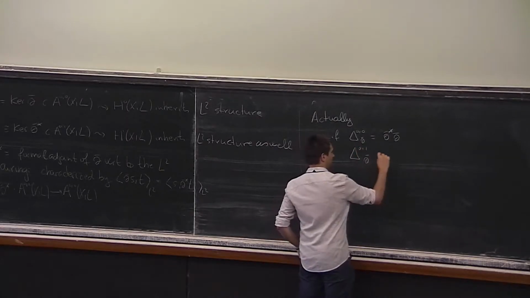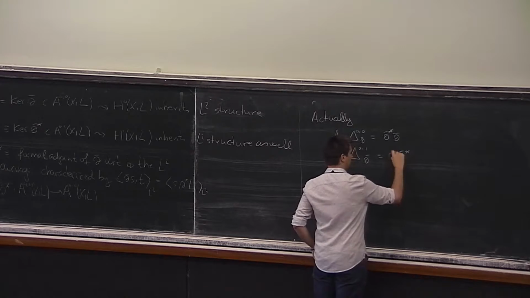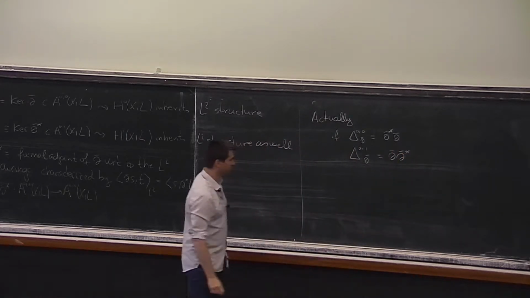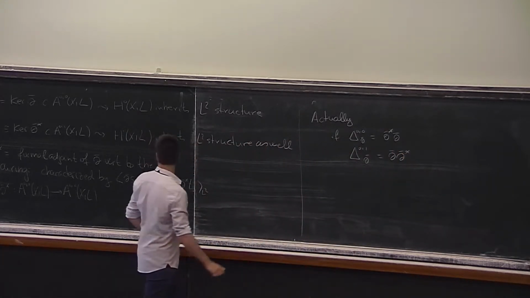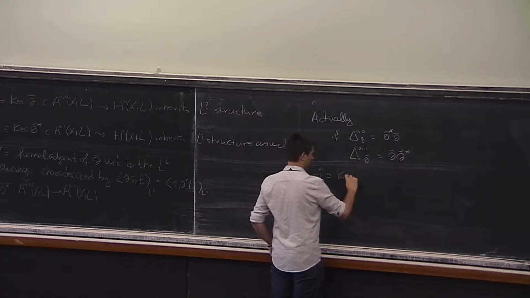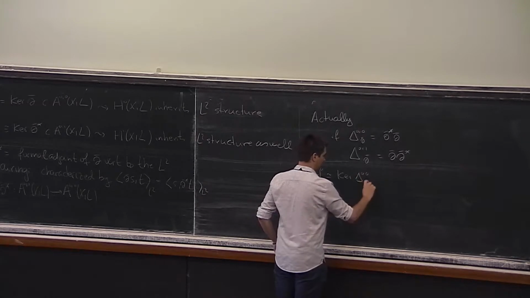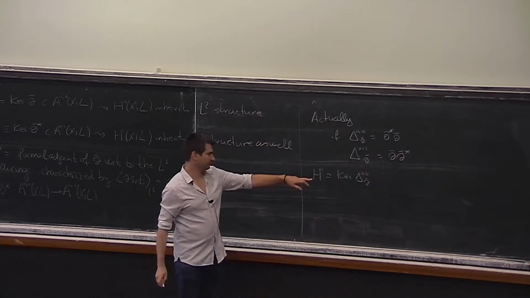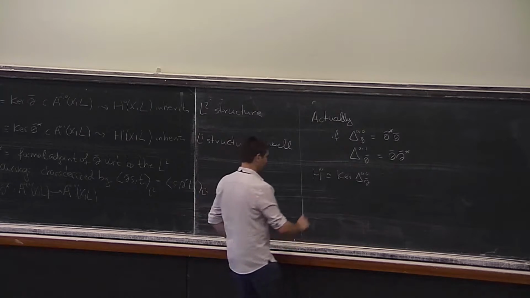And the same can be done for the space of (0,1) sections. And then actually what you have is that the H0 is going to be the same thing as harmonic sections with respect to this operator, and the same for H1.